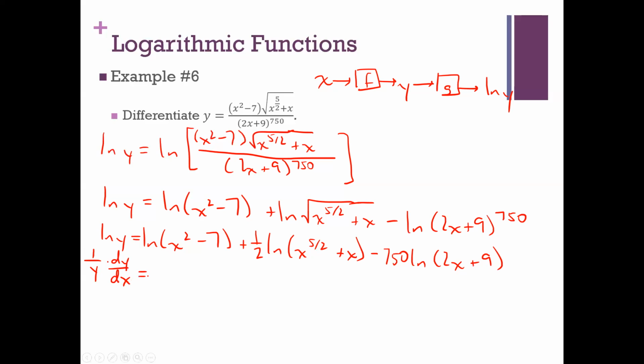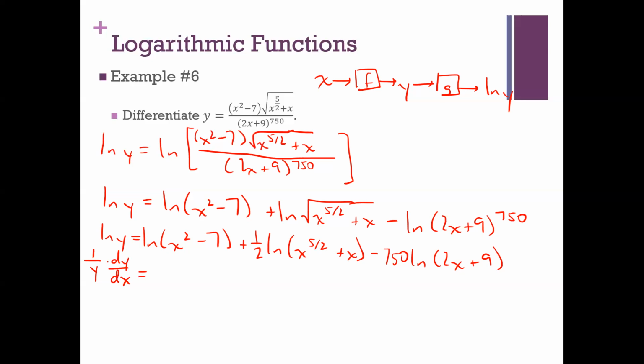Which is fine, that's really what I want, right? That's what y prime is, dy dx. For the rest of the stuff, they're all added and subtracted together, so I can take their derivatives individually. Is that 1 over y times dy dx? Yes, that's a chain rule. So when I take the derivatives one layer at a time, the chain rule is the product of all of them. In this case, there's just 2.